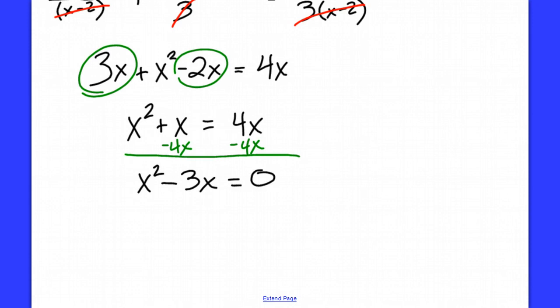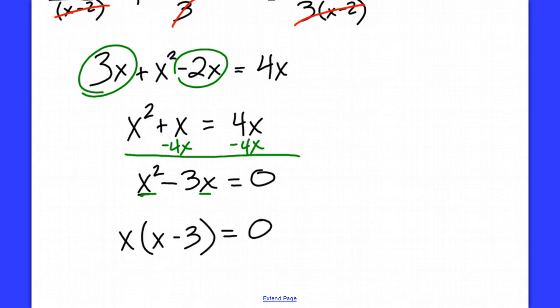So at this point, we have a couple options to solve quadratic equations, but probably the easiest in this case would be to just factor it out. We have an x on both of these terms, so we will factor that x out, and that will leave us with x times x minus 3.